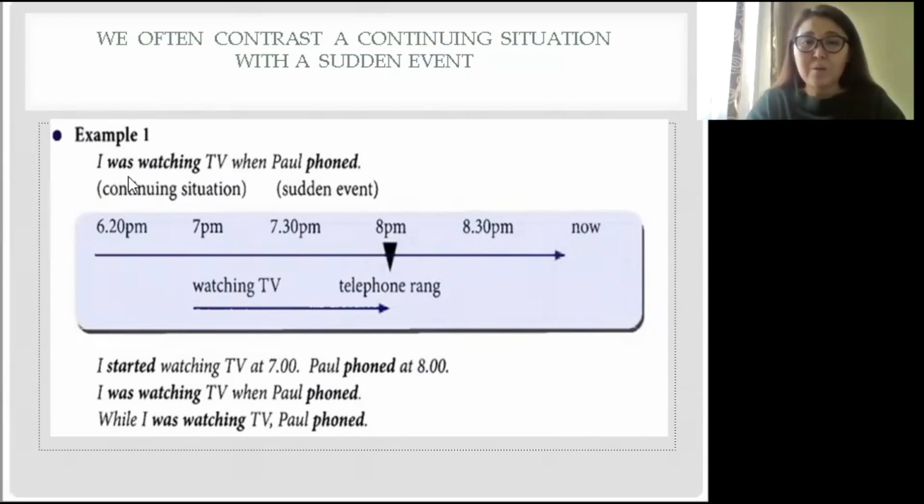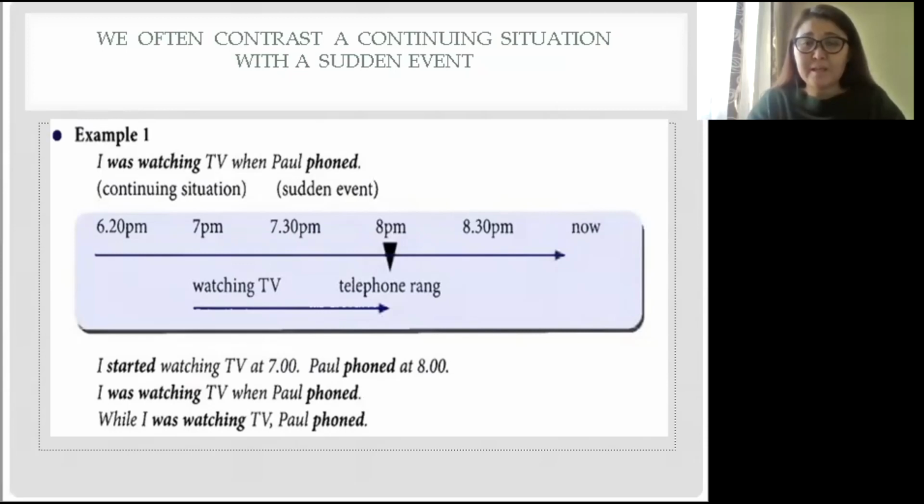So, I was watching, it's a continuing situation, and phoned, it's a sudden event. Here you can see some examples. So I started watching TV at 7. Paul phoned at 8.